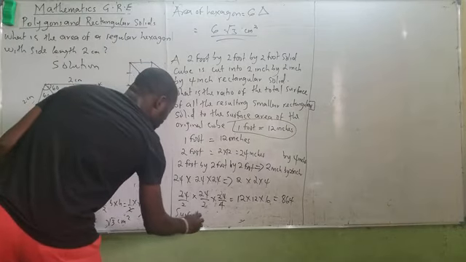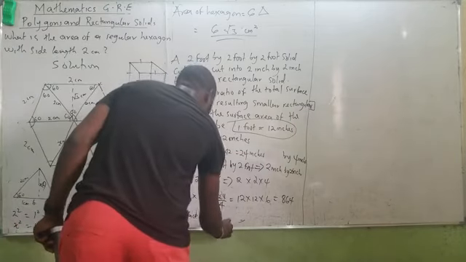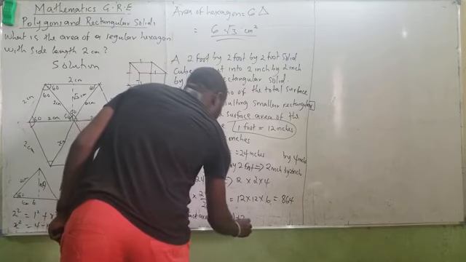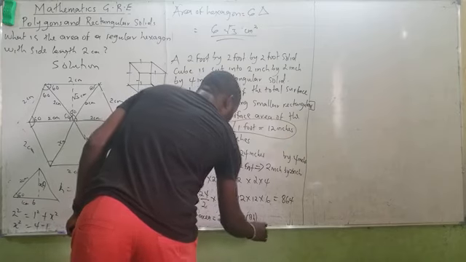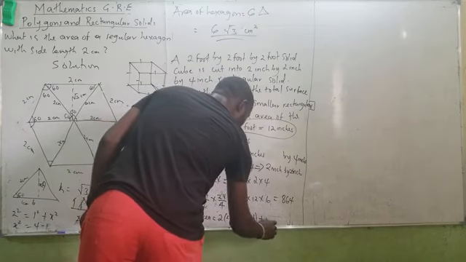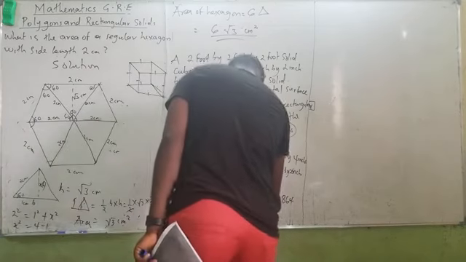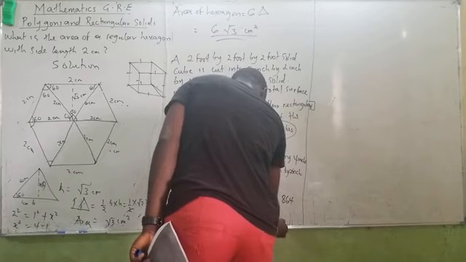Now, I will move on to the surface area. Surface area will be equal to 2 brackets of length, breadth, plus 2 brackets of breadth, height or width, plus 2 brackets of width, and plus 2 brackets of height and length.